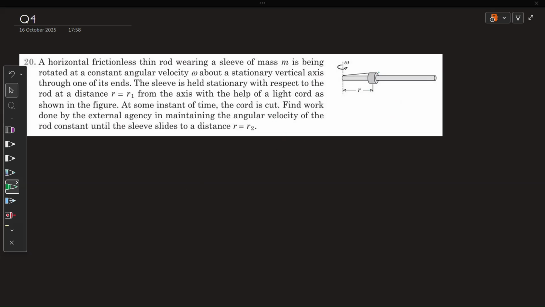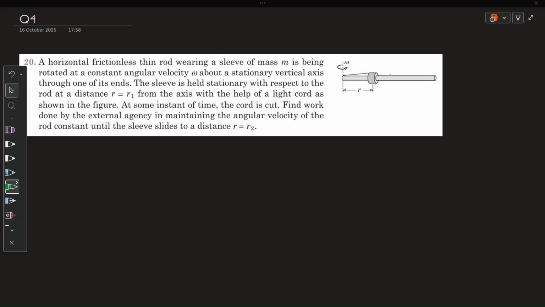What actually happens here is that this rod is rotating with a constant angular velocity omega. In reality, if something rotates with no cord, it will try to move outwards because of centrifugal force.